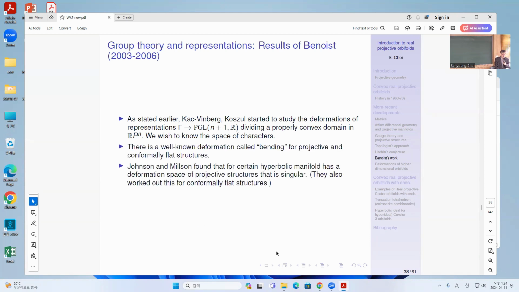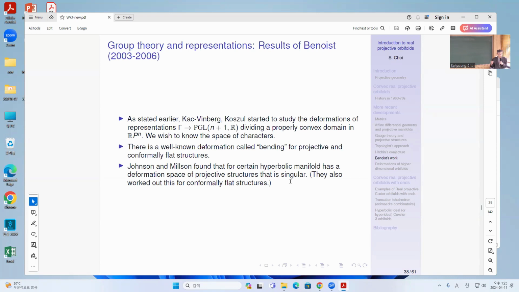And so to get more of such actions is to do the bending. If the manifold has some sort of totally geodesic submanifold in it, then you can cut it up and reglue using some diagonal automorphism to get another convex projective manifold or orbifold. This was done by Johnson and Millson.